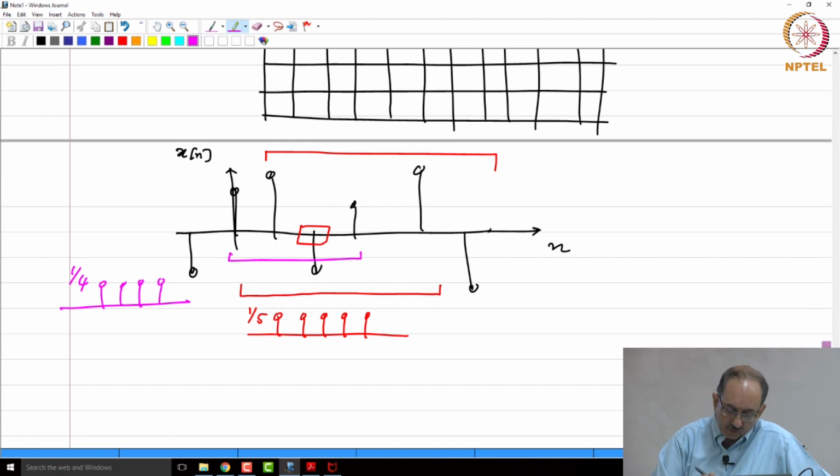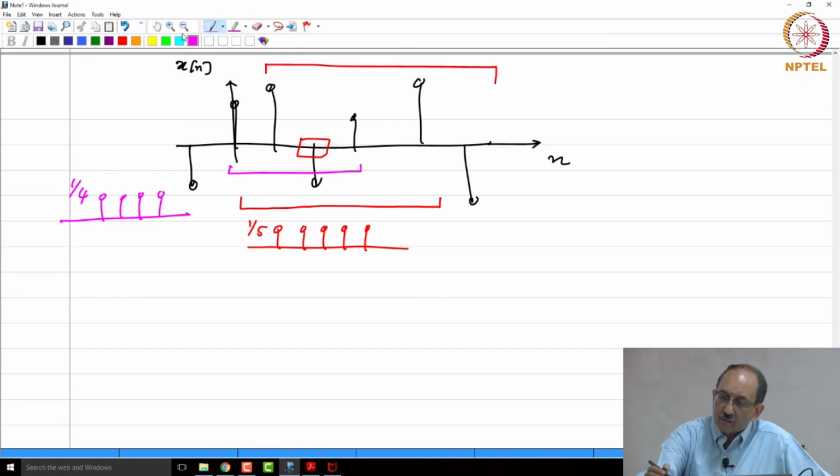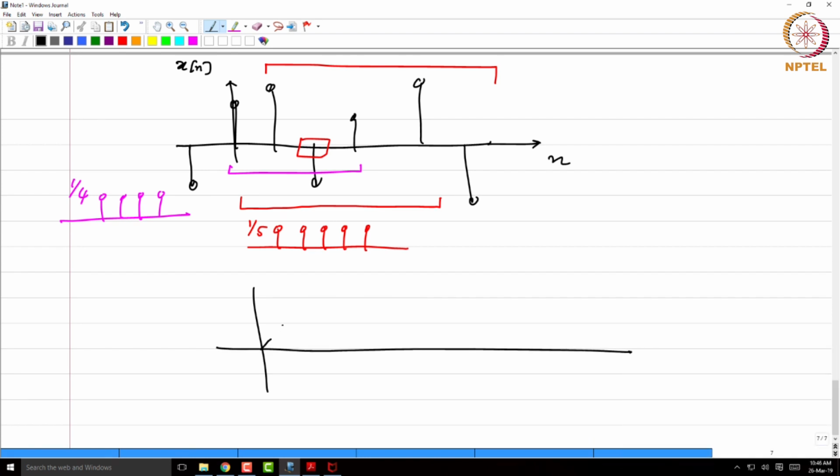Another way of seeing this is, suppose you have a sinusoid. I am drawing continuous curves, but what I really mean are samples. Suppose I have a noisy sinusoid like this: I take a clean signal, add noise, and then pass it through a low pass filter. If I pass it through a linear phase FIR low pass filter, say type 1, then this signal will get cleaned up, because whatever noise falls in the stop band of the filter will get eliminated, and only in band noise will be present.